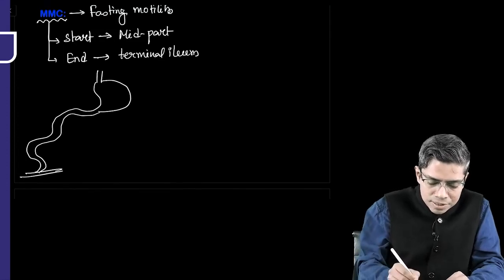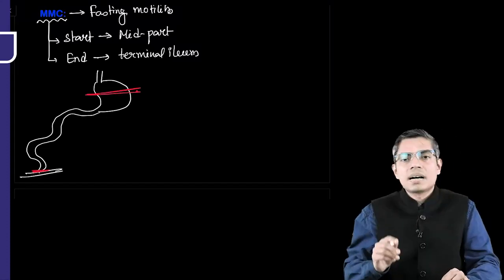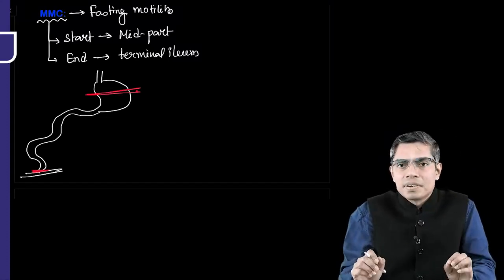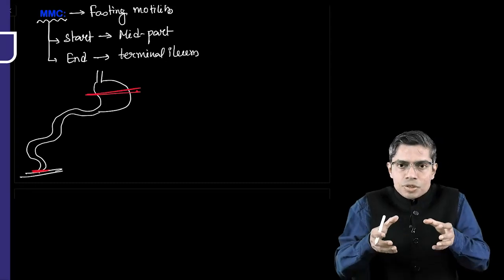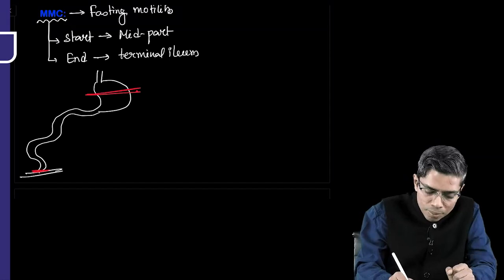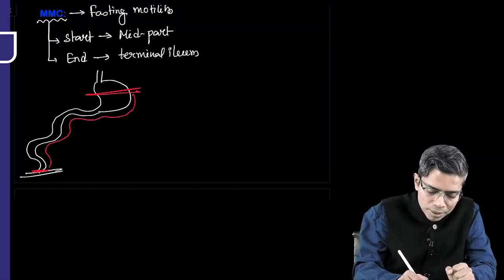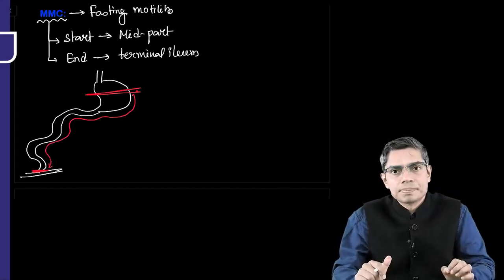It will start from the mid part of the stomach and end at the terminal end of the ileum. In fasting motility, there will be a strong contraction of the GI smooth muscle which will move from the mid portion of the stomach up to the level of the terminal ileum.